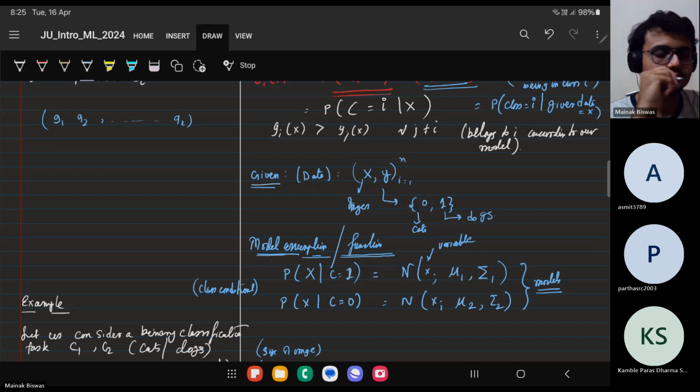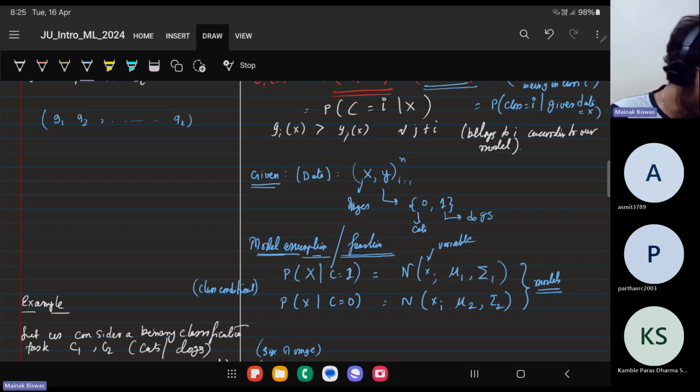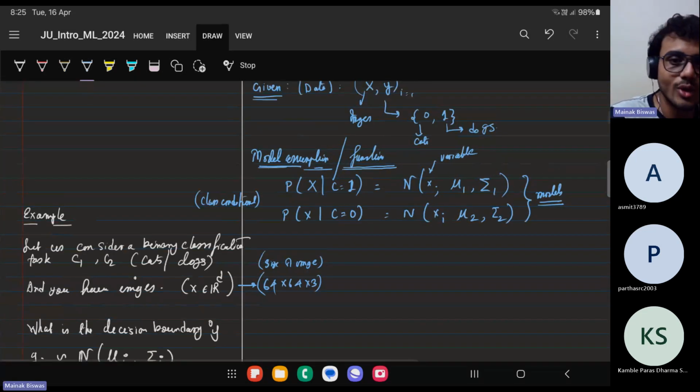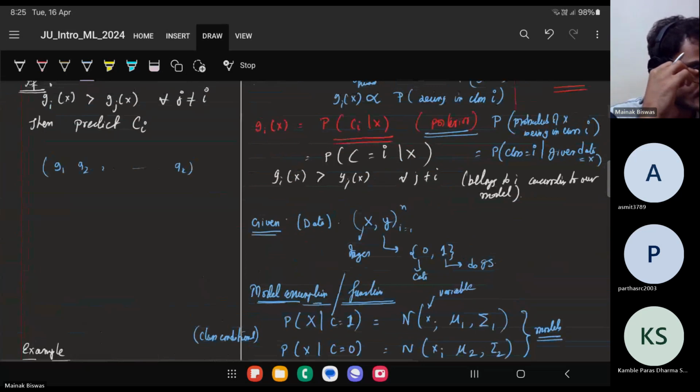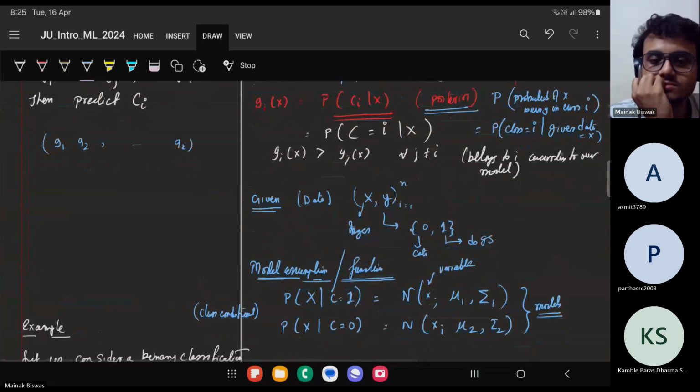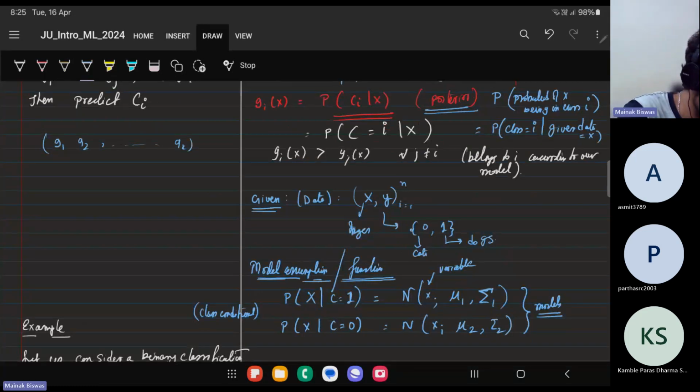Okay, so if you are okay with it, tell me how will I estimate mu 1 and sigma 1? First, I have to get the values of mu 1 and sigma 1. That's my first priority, right?